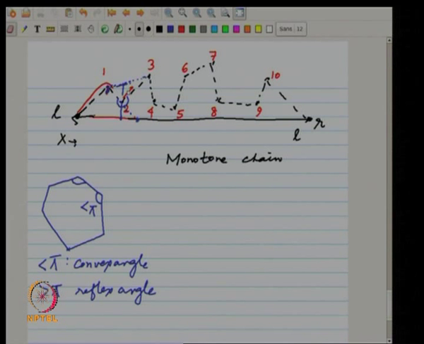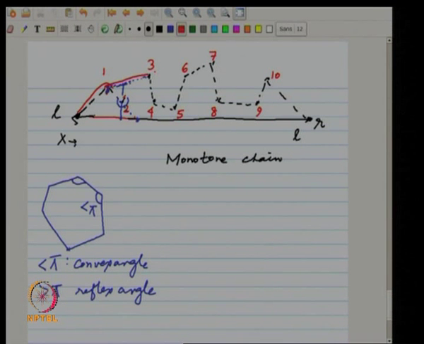So, I am going to take out 2, and now change my walk to go to 3 directly from 1. Now, again 1, 3 and the next point form a right turn. So, there is nothing wrong with it.